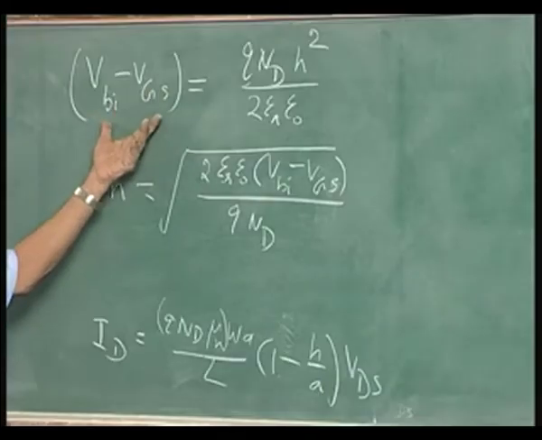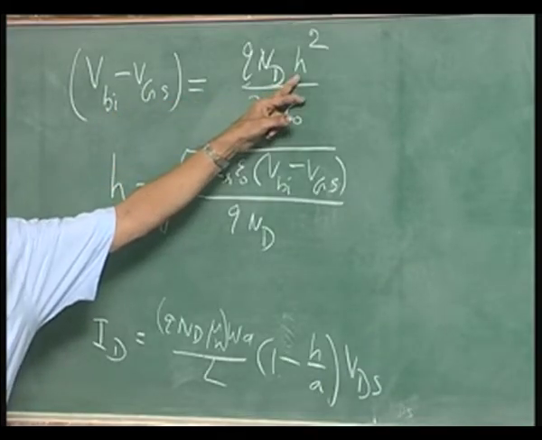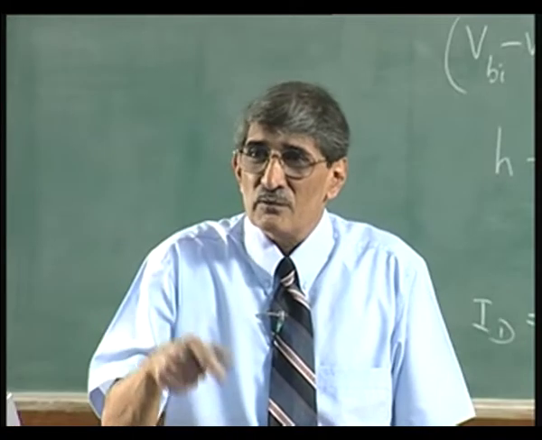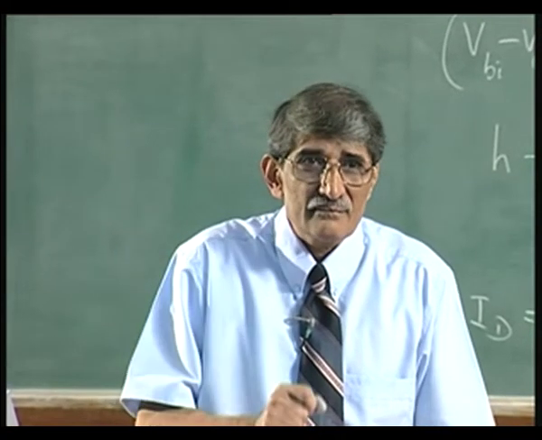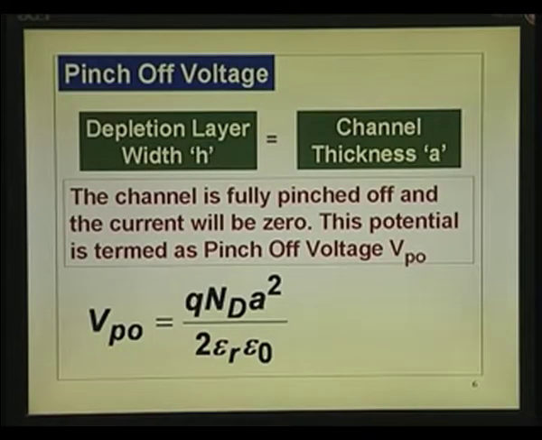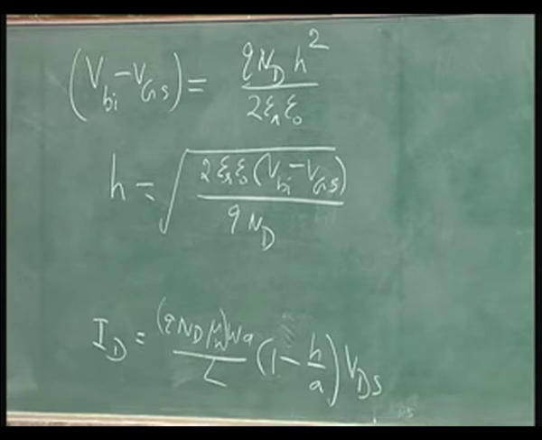So, V p 0 is where H is replaced by A. That is all. How much is the potential drop across the junction, or the Schottky junction, to make the depletion layer equal to A. That means you can write H is proportional to square root of V B I minus V G S, and A is proportional to square root of V p 0.